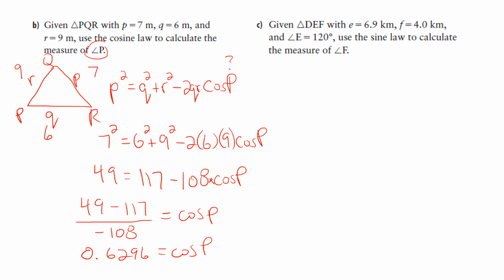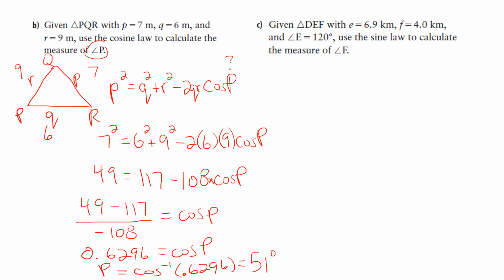And then we undo the cos by applying cos inverse to the 0.6296. And that will get us an angle of 50.97, or we can round that up to 51 degrees.